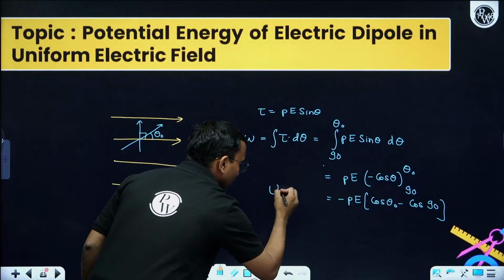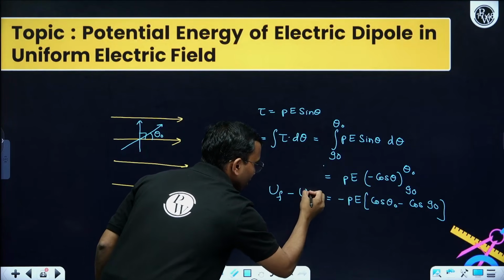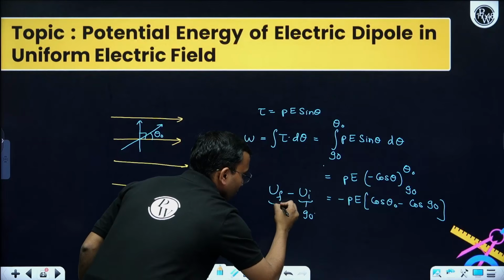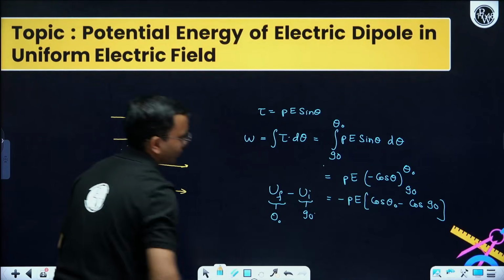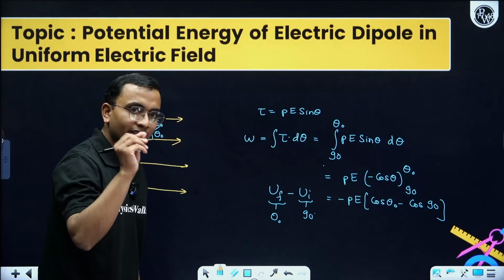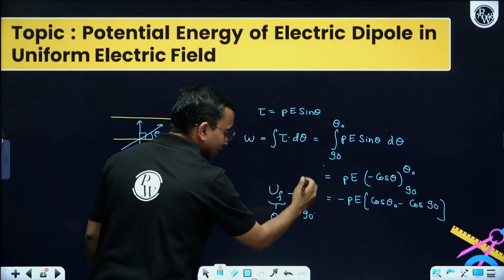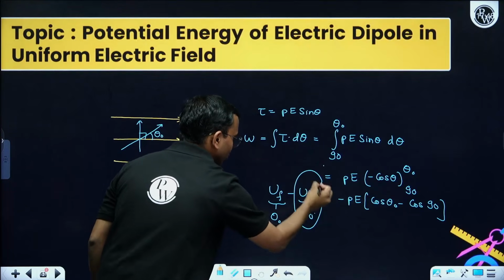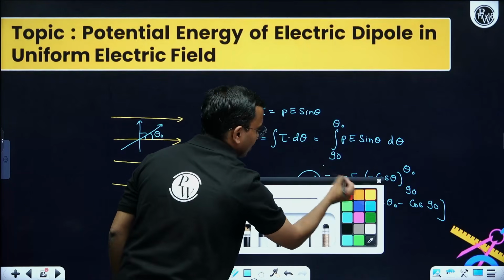So final potential energy minus initial potential energy. The initial potential energy is at 90 degree, the final potential energy at theta naught. I am taking 90 degree as a reference, so the potential energy at 90 degree I am considering to be 0.